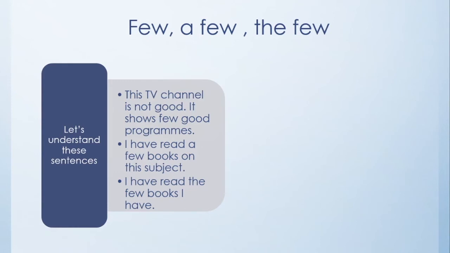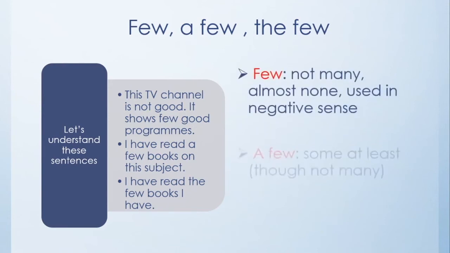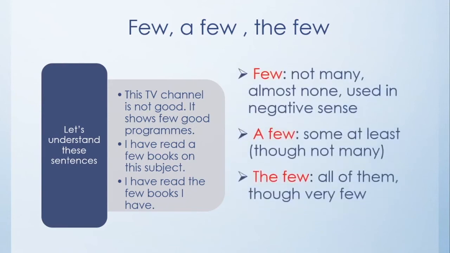I have read a few books on this subject. The sentence conveys the meaning that there are many books, but I have read at least some, though not many. It conveys a positive sense. I have read the few books I have. The few means all of them, though very few.